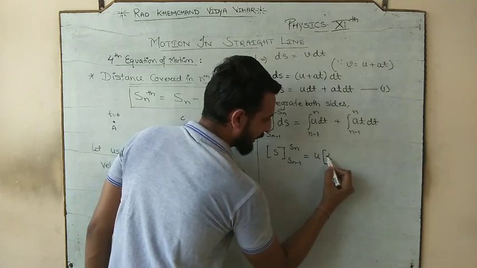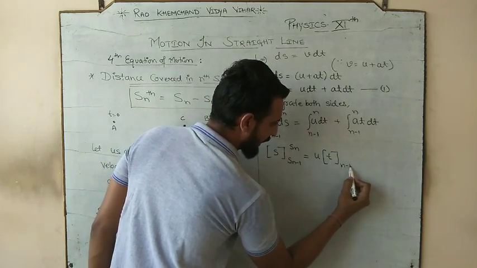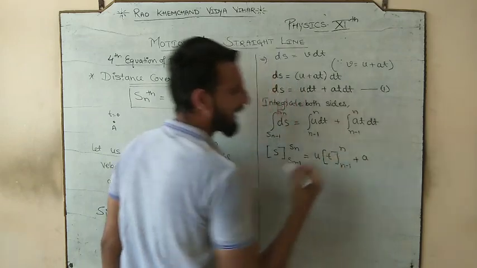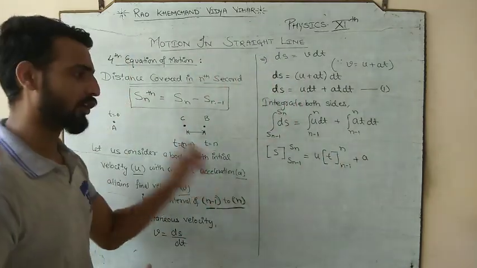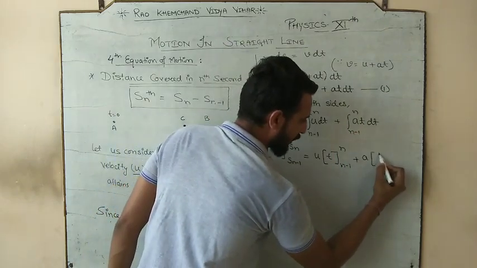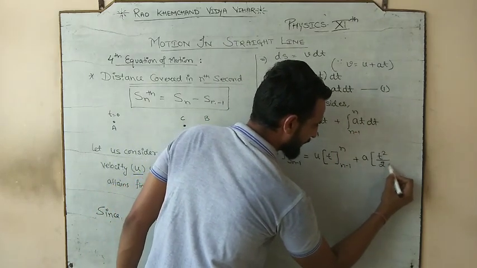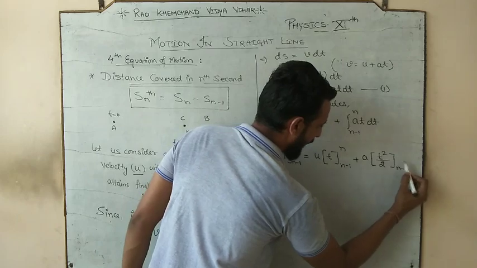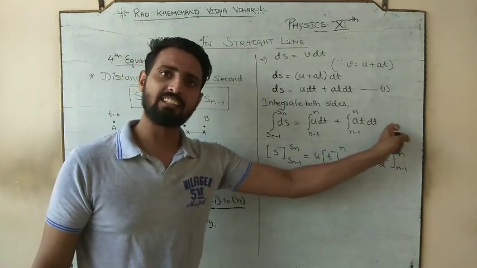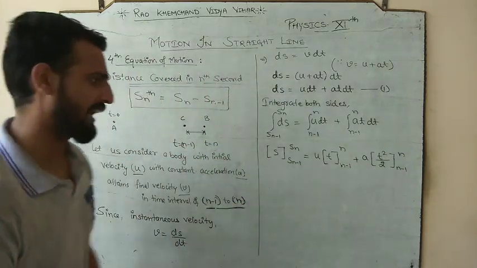Integration of dt would be t with limits n minus 1 to n, plus a would be as it is because acceleration is constant, and it remains t dt. And integration of t dt is t square by 2 from n minus 1 to n. You know t dt, the x power n rule, we are going to apply in this manner.